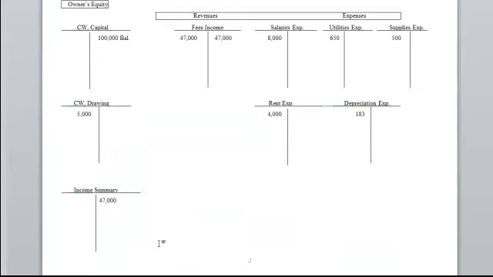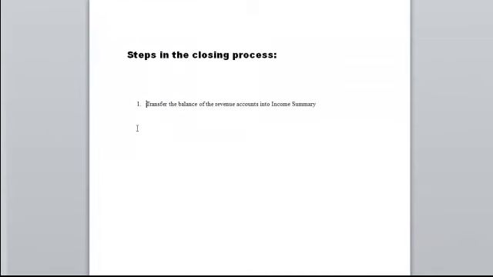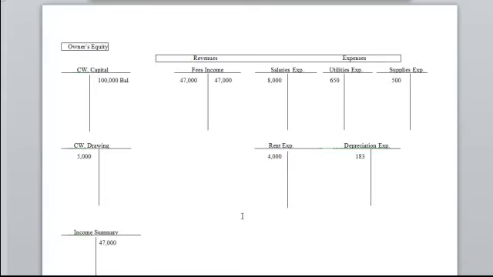Okay, the second step is to transfer all the expense account balances into the Income Summary account. So let's go down here to our T accounts.